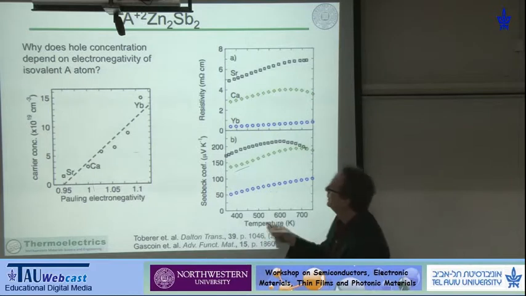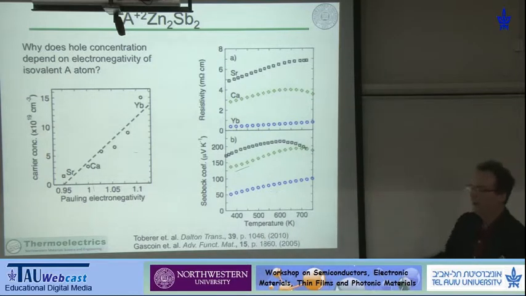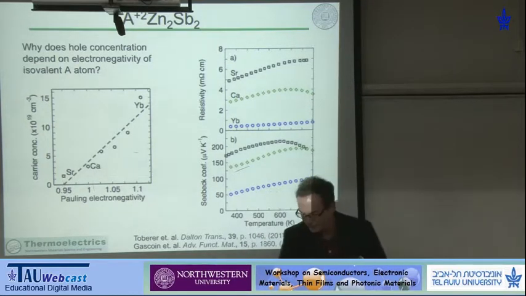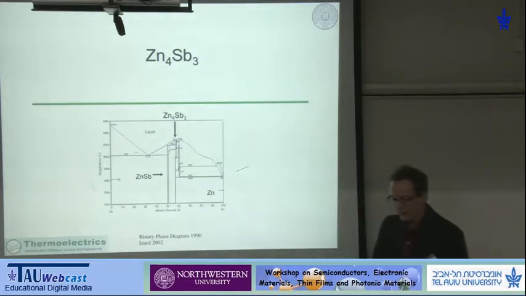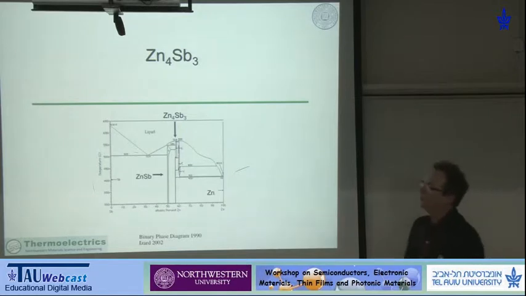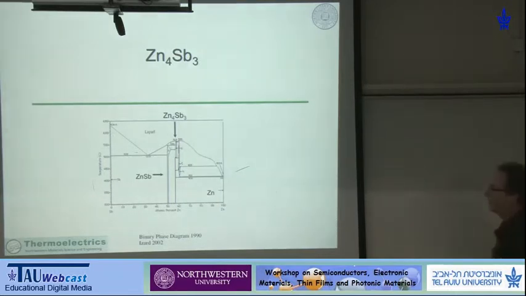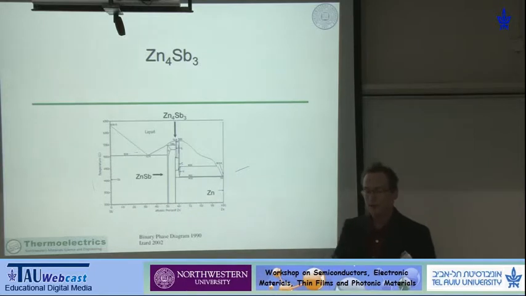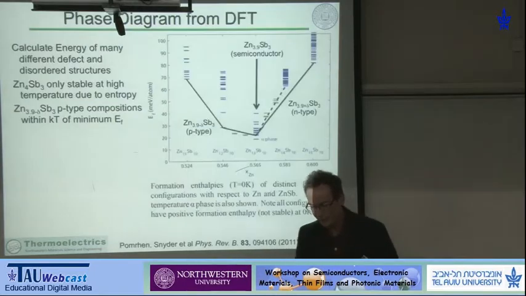And so this is one example in a relatively new semiconductor, and we can then use that to look at other materials. So this zinc antimonide was a very complicated material that has a very high ZT, and we were curious as to how that material gets doped.